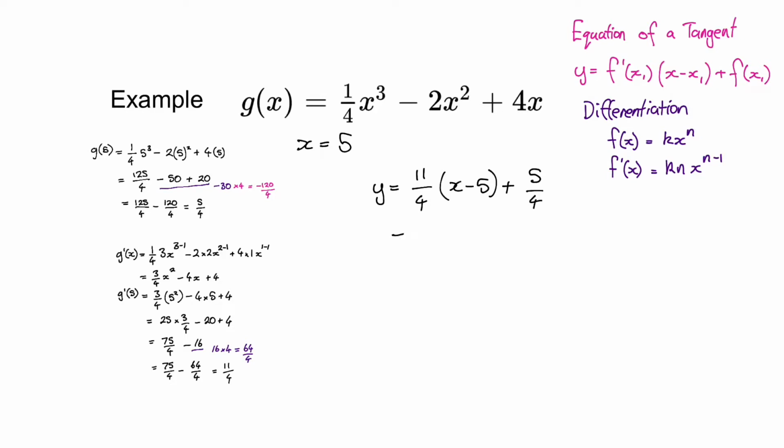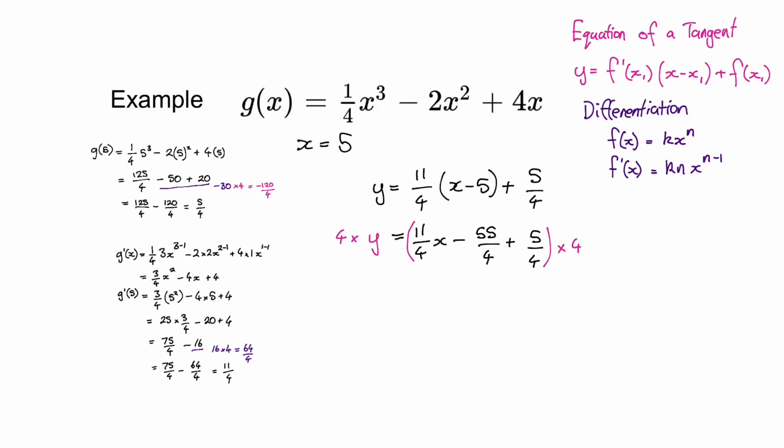Next, we just expand it out, so we get 11/4x minus 55/4 plus 5/4. To make things neater, we're going to times everything on this side by 4 and everything on this side by 4.